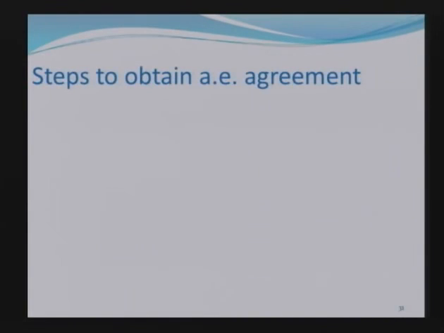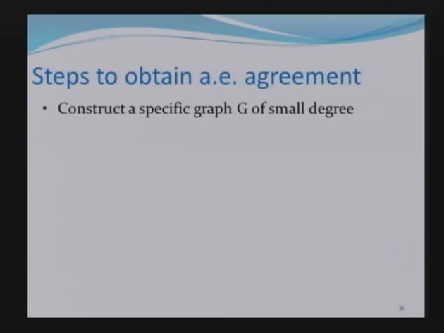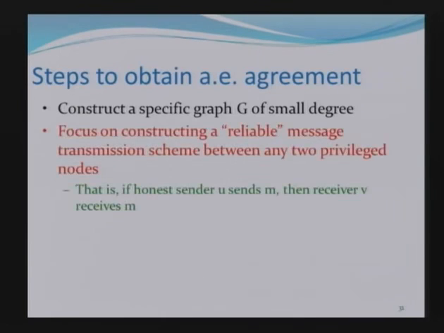So let me briefly outline some of the steps needed to obtain almost everywhere agreement. The steps will be as follows. First, we'll construct a specific graph G that has small degree. Then we'll focus on constructing what is called a reliable message transmission scheme between any two honest nodes.